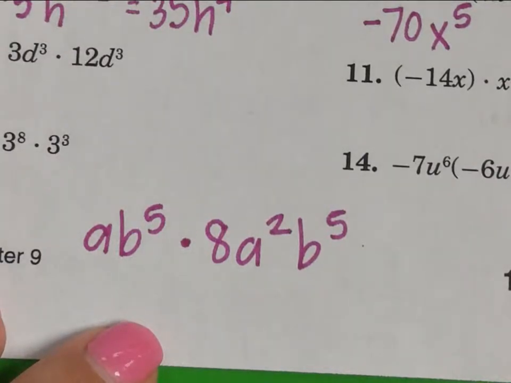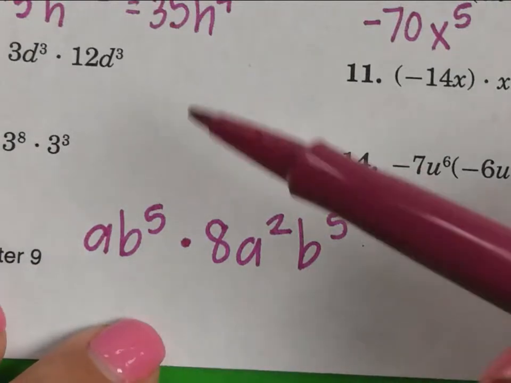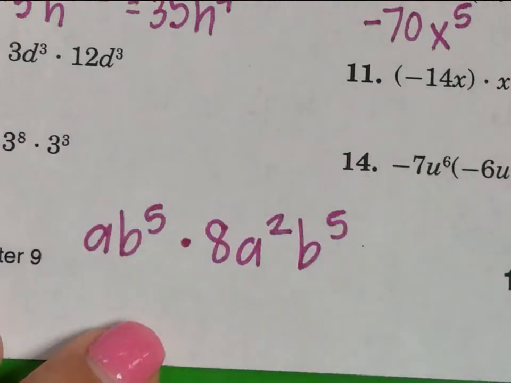Okay, Madeline. My coefficients. So what are my coefficients? 8 and 1, right? So you're just multiplying the 8 times 1.